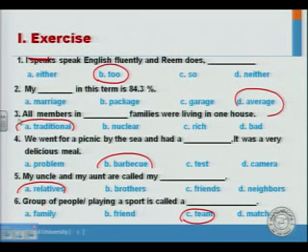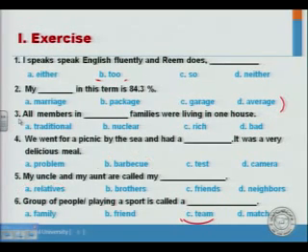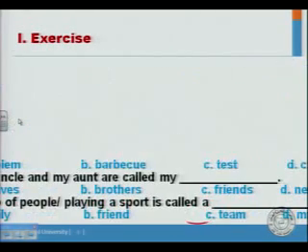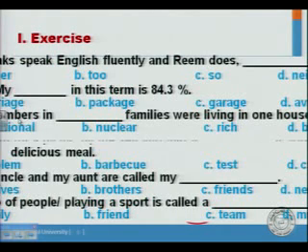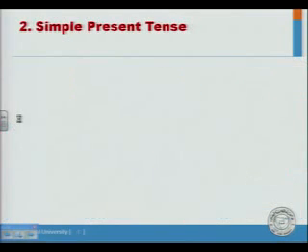So this is just to show you a sample of some questions that will come in the final test, inshallah. Let's move to the next element of this lecture, which is simple present or present simple tense.